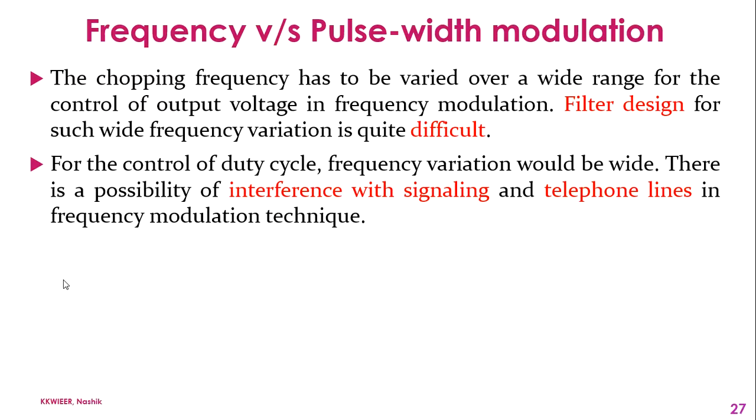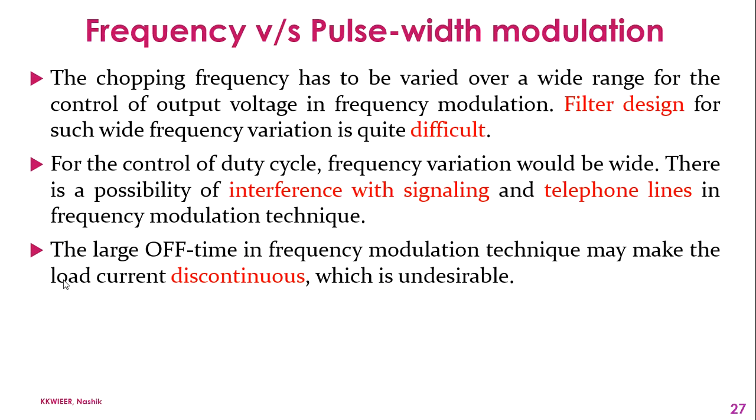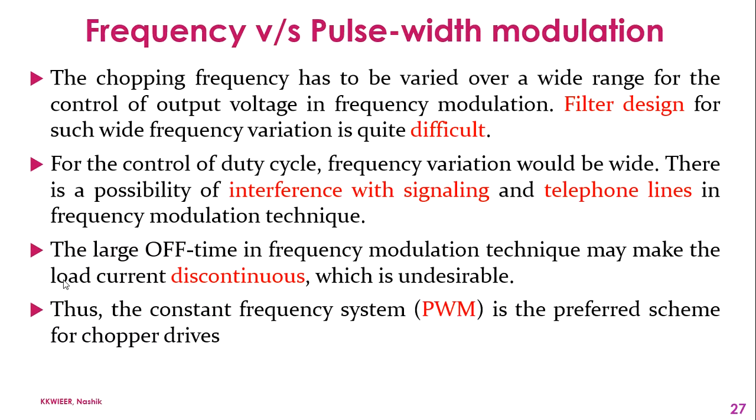There is a possibility of interference with the signaling and telephone lines in the frequency modulation technique. The large off time in frequency modulation technique may make the load current discontinuous, which is undesirable. Thus, the constant frequency system, that is nothing but the PWM, is the preferred scheme for the chopper drives.